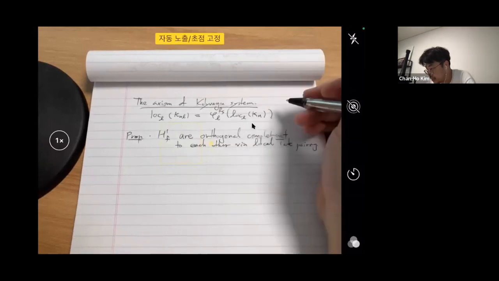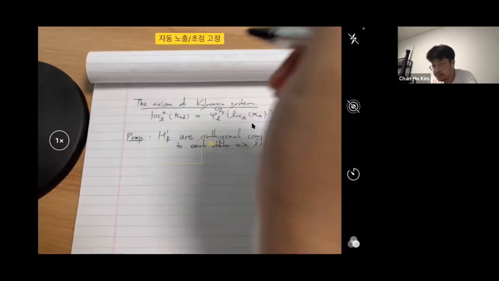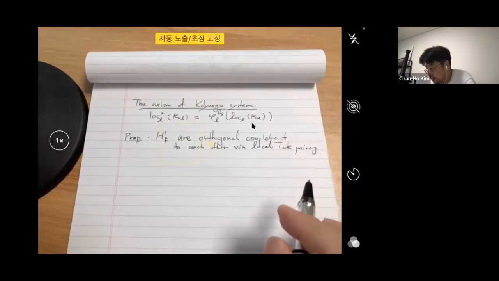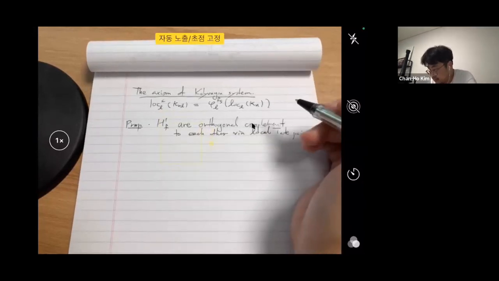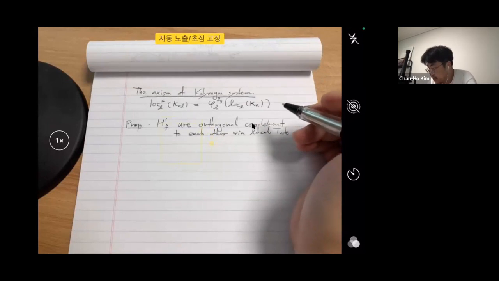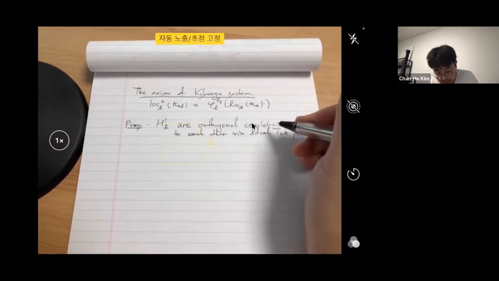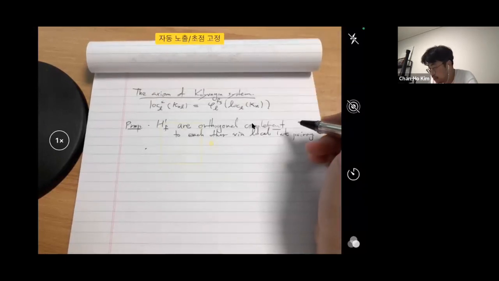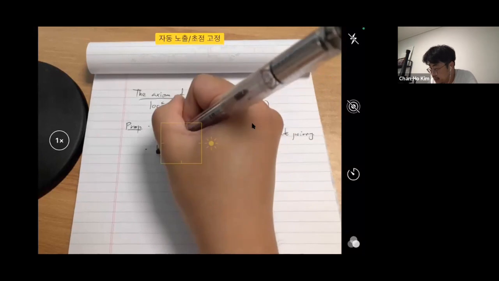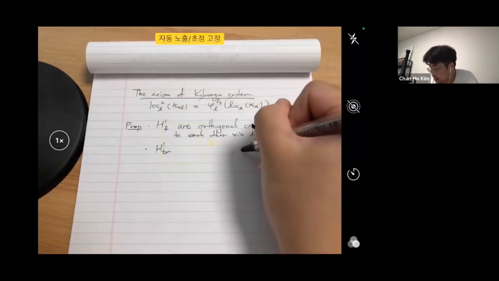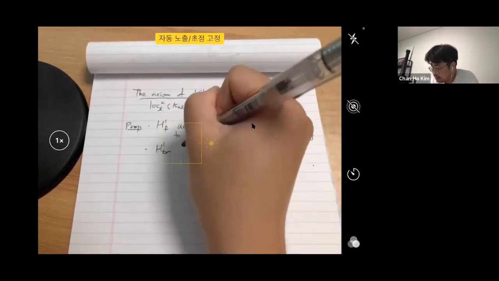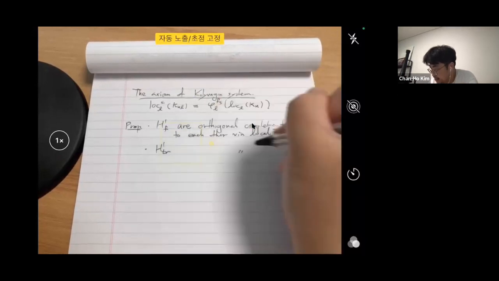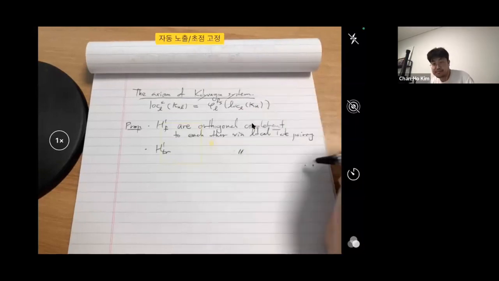I guess so. Yes. And one good thing is that the transverse local condition satisfies the same orthogonal complement property. Let me just write ditto.